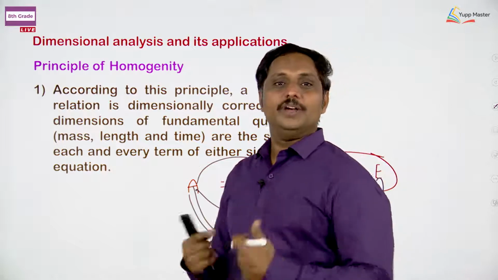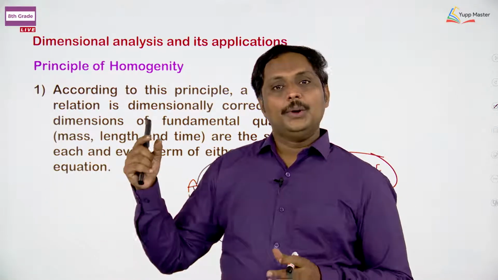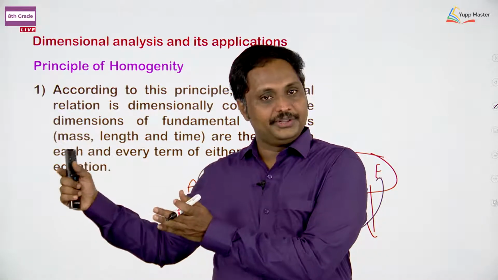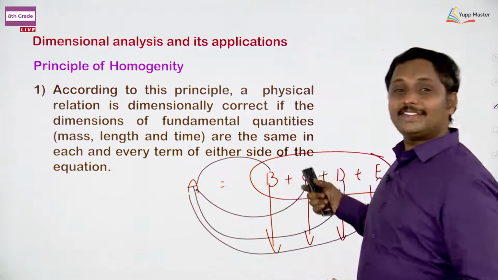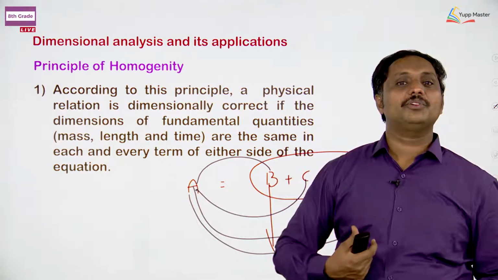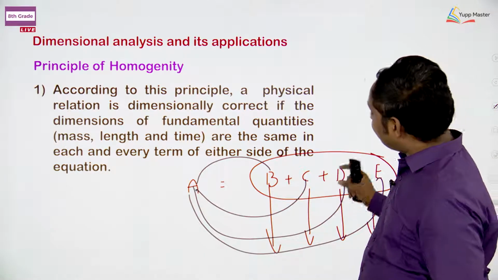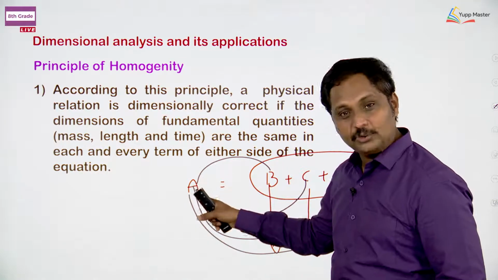Once again, I am going to convey it in a short form. Very simple. On the left hand side, you have written the derived quantity. On the right hand side, it has been expressed in terms of different physical quantities, A, B, C, like that. They also have the same dimensions with respect to this derived quantity.